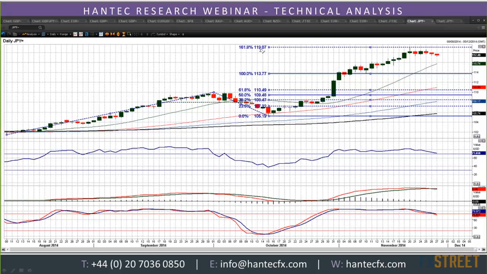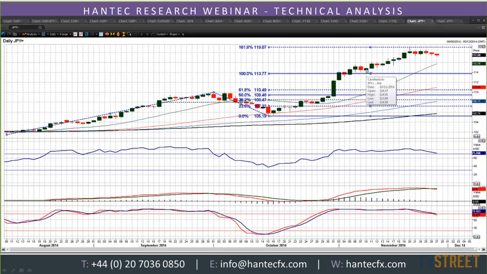We've now started to drift back lower, which is a little bit of a concern, because if you're going to go theoretically, then you could well pull back all the way to the 100% one again, 113.77, which is a support as well. The hourly chart is not so bearish yet.